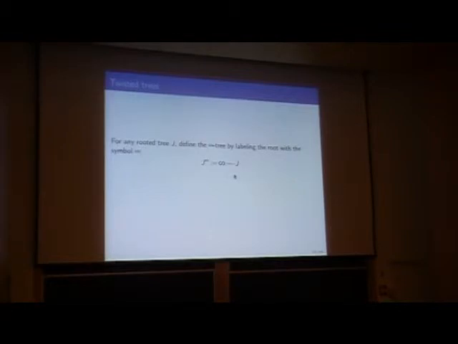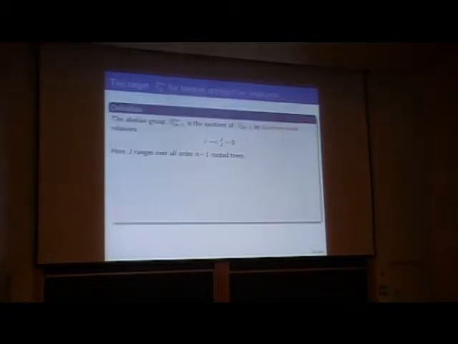So when we have a rooted tree associated to a twisted Whitney disk, we're going to indicate that by putting a little twist symbol at the root. So this twist is represented by that symbol.